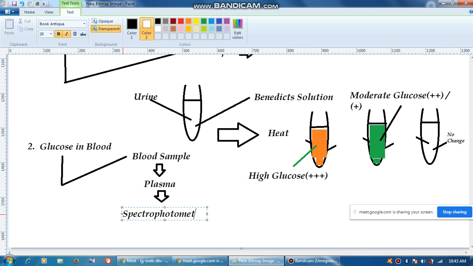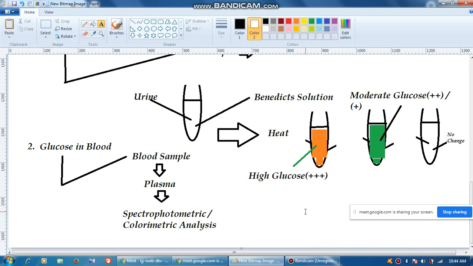So in blood glucose we will do one kind of test, and in urine we will do another kind of test.